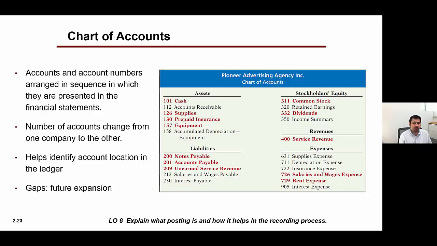For example, if in the future you didn't have a certain asset account, like inventory, then because of the gaps between the accounts, you will be able to insert that account on the chart of accounts. Now the chart of accounts helps us identify the location of each account in the general ledger, because they are organized in the same order.